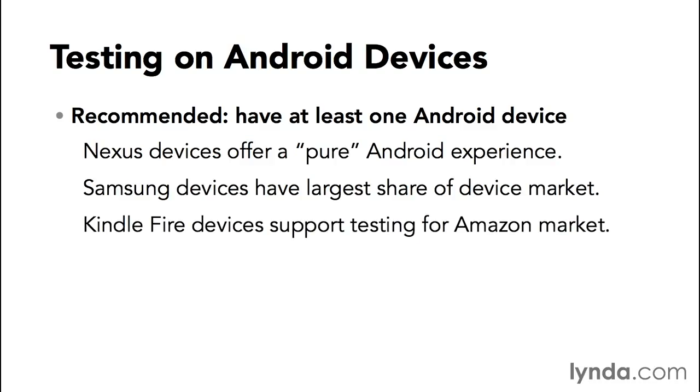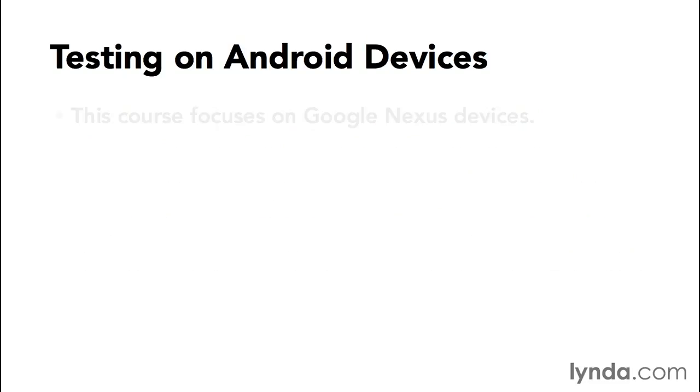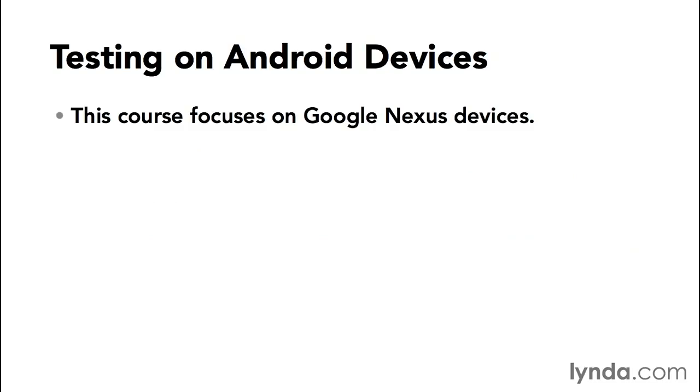Kindle Fire devices support testing for the Amazon market, and developers who are focusing on Android development typically have a few phones and tablets around, so they can test their apps and see how they behave on different screen sizes and pixel densities. In this course, I'll focus exclusively on Google Nexus devices.